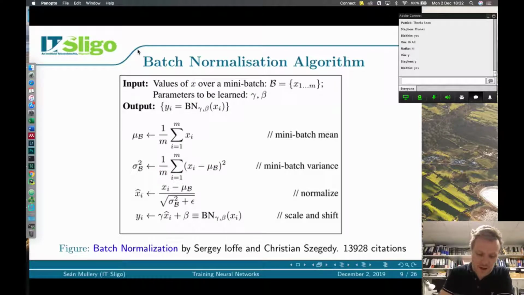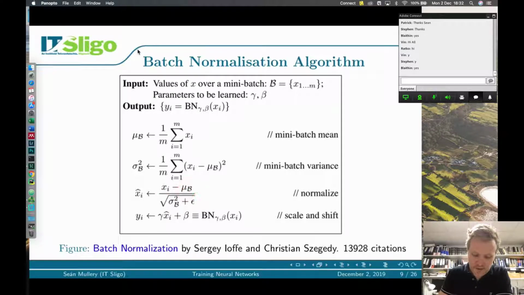You may remember a -1 there, which would probably be the better way to get an unbiased estimate of that. But they may not do that in this case. They may be happy enough with a slightly biased estimate of the variance. What they then do, once they've calculated that, is subtract the mean in each case.